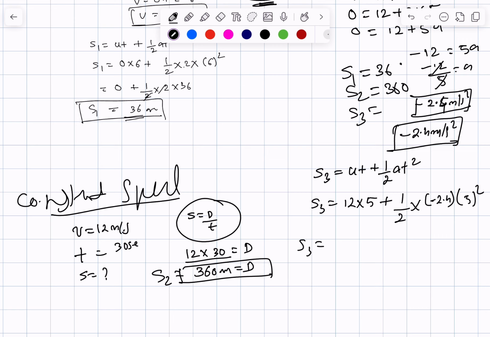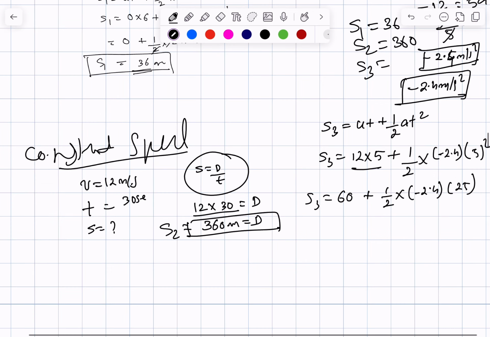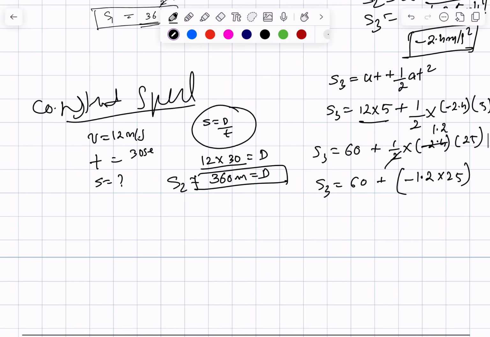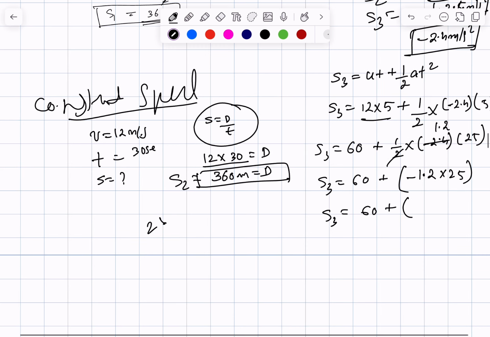So S3 will be 12 into 5, which is 60, plus half into minus 2.4, 25 square. So S3 will be 60 minus 1.2 into 25. How much is that?